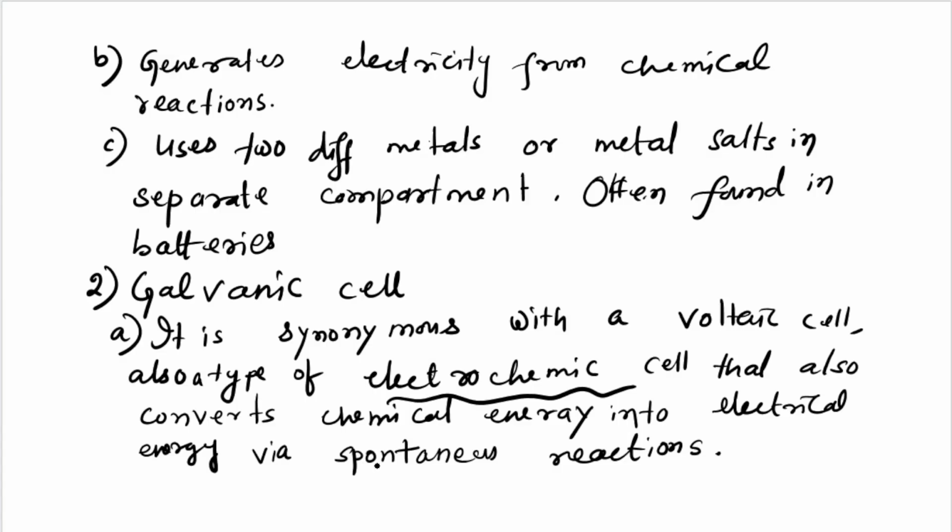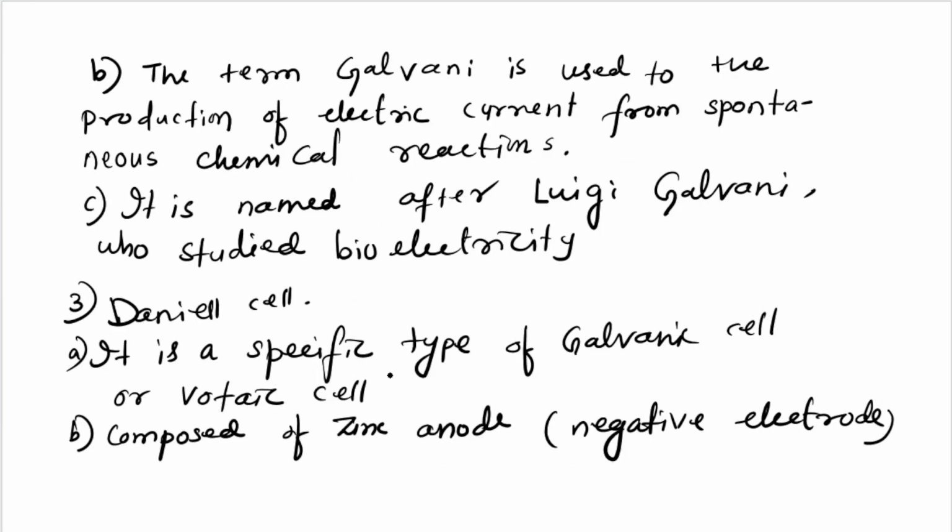What you read in the voltaic cell, the same thing you can find in the galvanic cell. The term galvanic is used for the production of electric current from spontaneous chemical reactions. What is that reaction? Redox reaction.